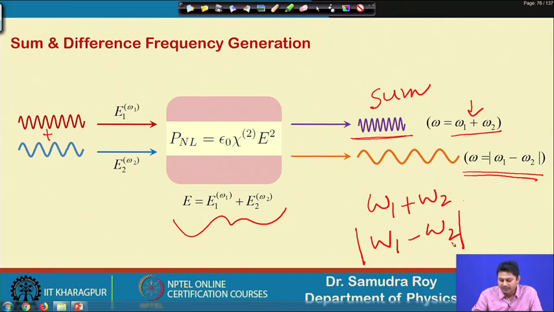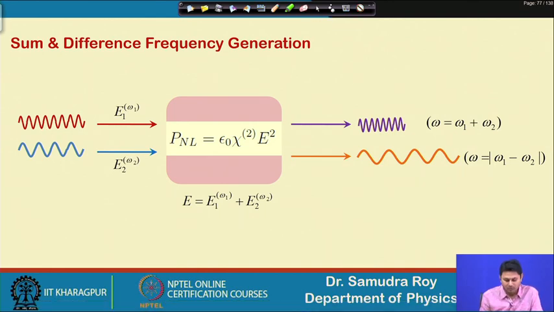That is why I put a mod sign. Since it is a difference, we have a frequency much lower than the other frequencies. So, omega 1 and omega 2 are the two frequencies, omega 1 plus omega 2 is another frequency, and omega 1 minus omega 2 is another frequency. These two frequencies get generated under sum and difference frequency generation due to this nonlinear interaction.